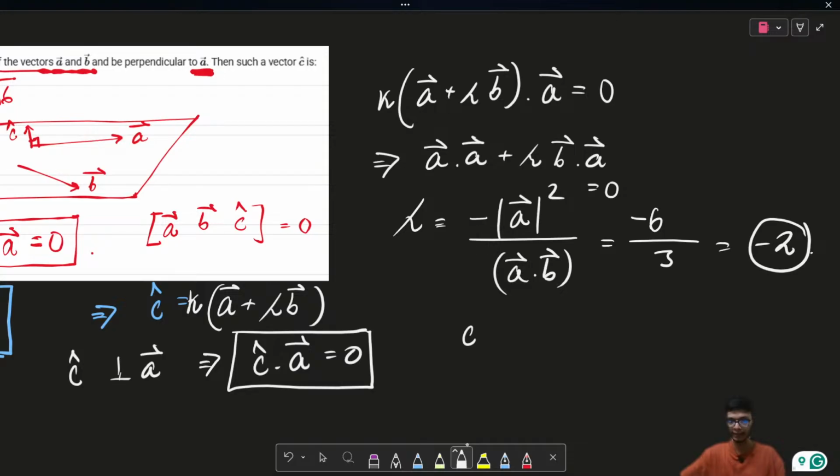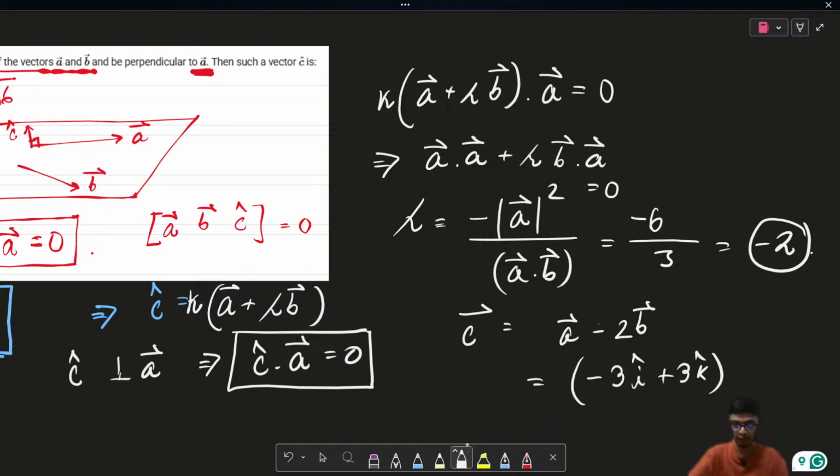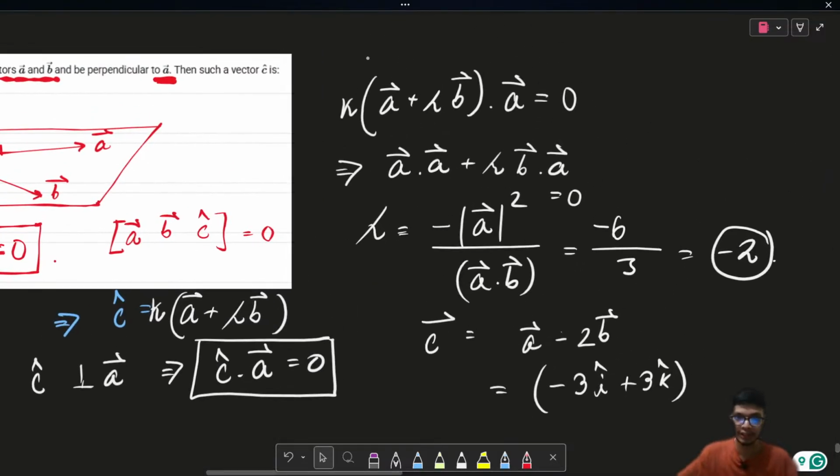So therefore I can write this c vector to be something like a vector minus 2 times b vector, which I can simplify, and this will turn out to be minus 3 i cap plus 3 k cap, right? Now if you remember, we had put a constant or scalar k over here, right?